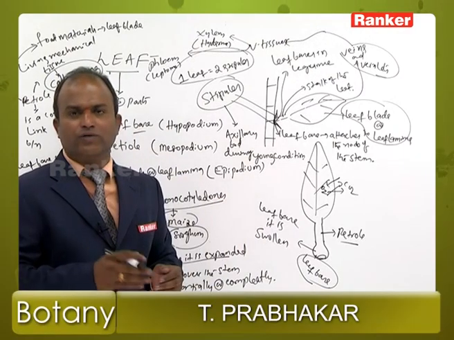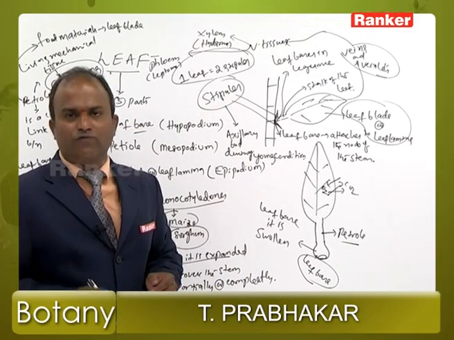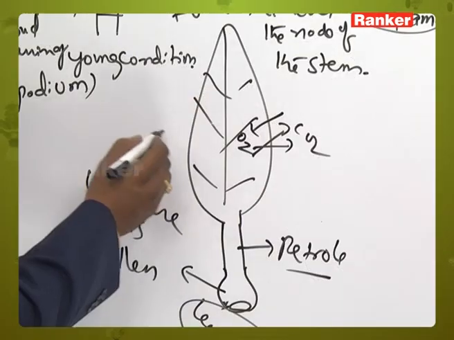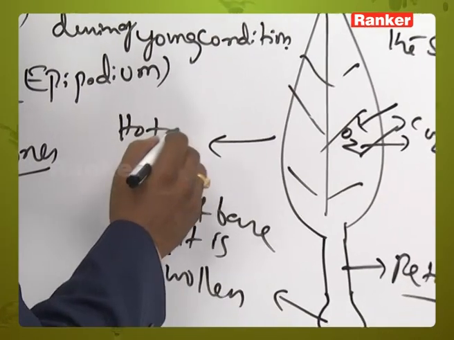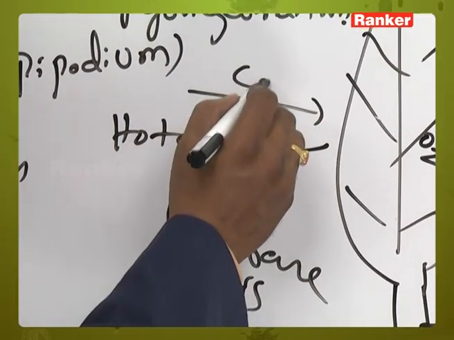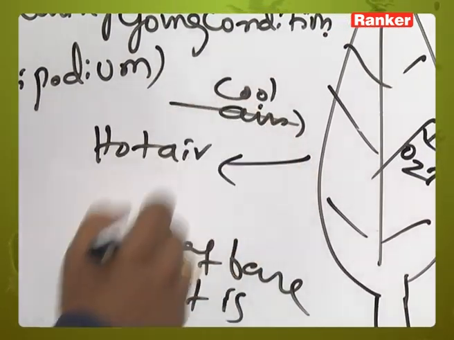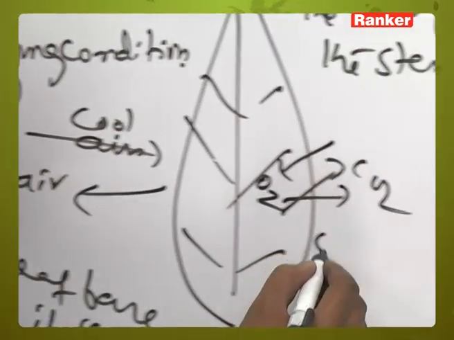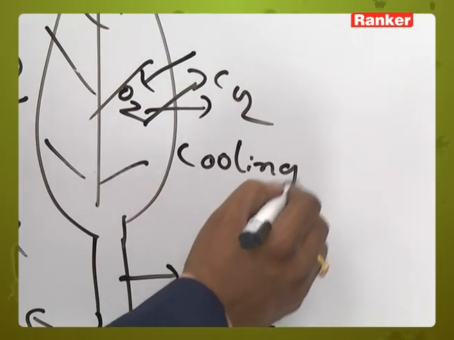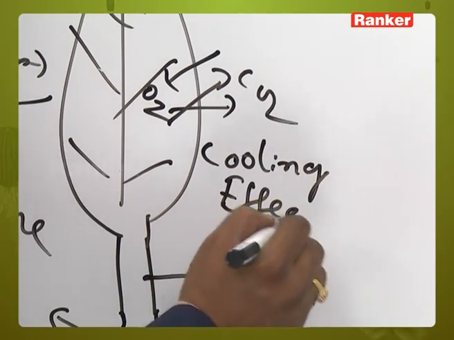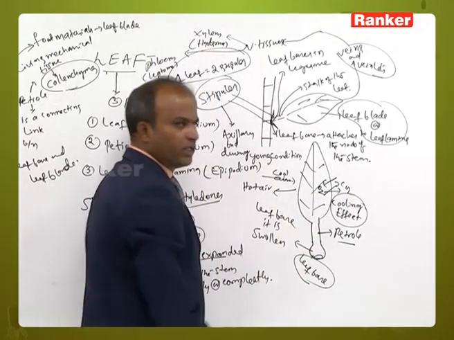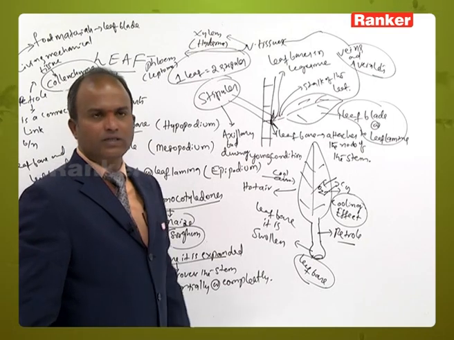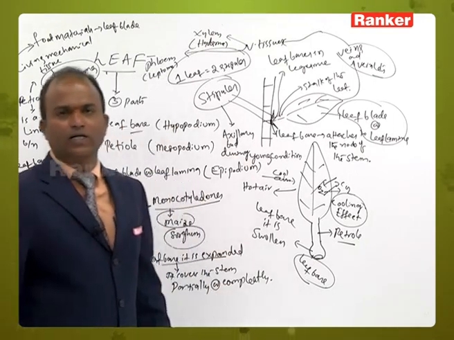It removes hot air from the leaf surface and brings cool air towards the leaf surface, due to which it plays an important role in the cooling effect also. So this is about the introduction of the leaf and leaf parts.